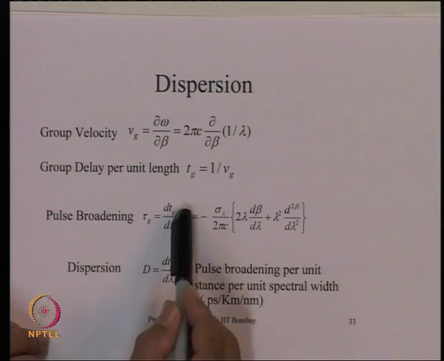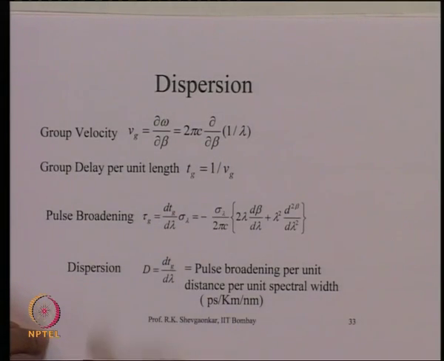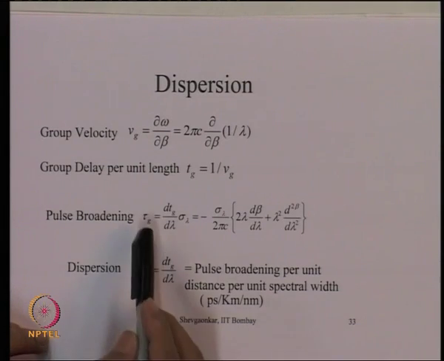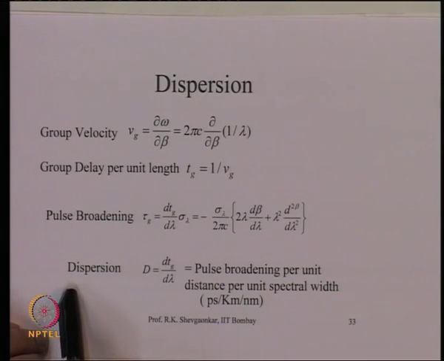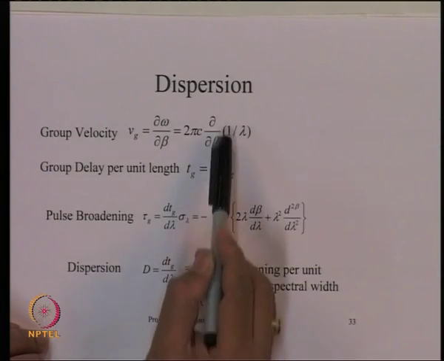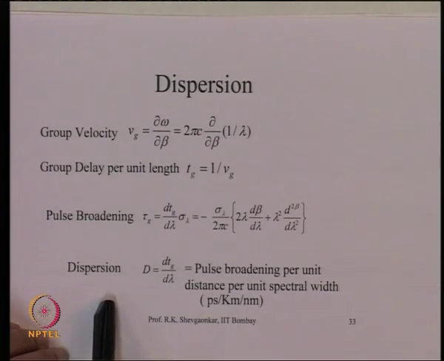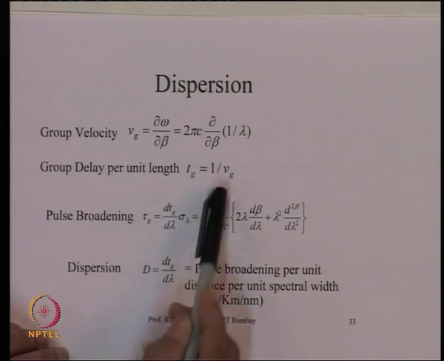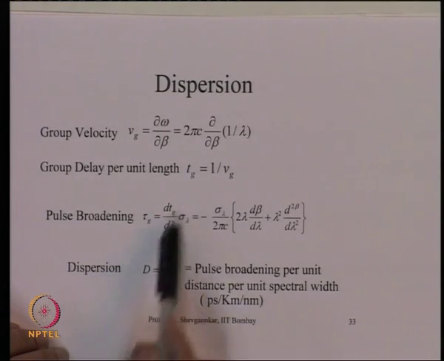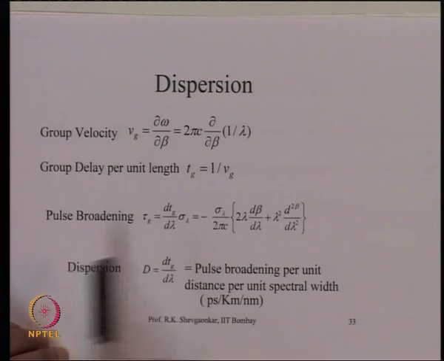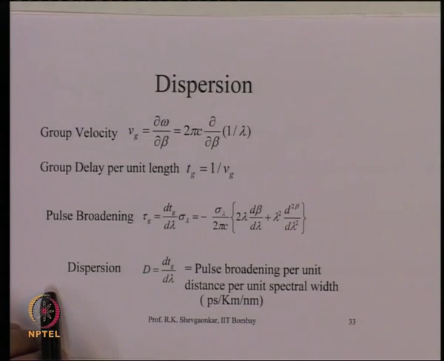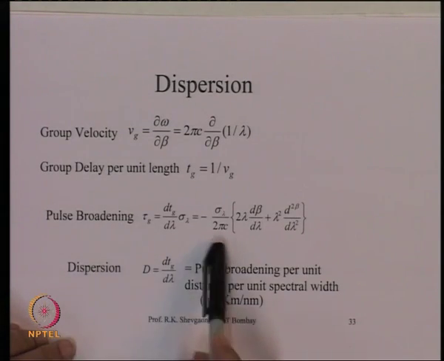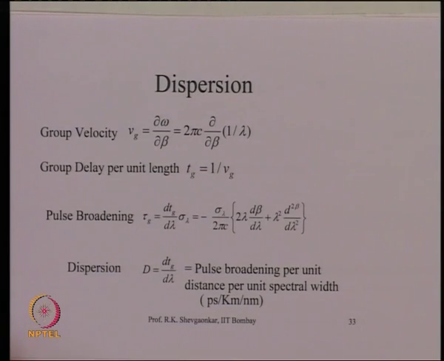If we multiply by what is called the spectral width of the source, sigma lambda, then we get total pulse broadening. So, if I take this Vg from here, find out what is the group velocity, take 1 upon that, and take the derivative of this quantity with respect to lambda. If we do that, you get the pulse broadening, which essentially is given by this.